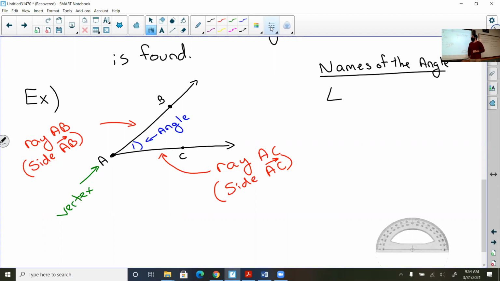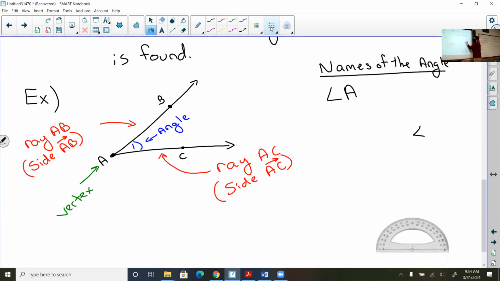This symbol here, it looks a lot like the angle that I just drew. It also looks like the less than symbol. It's going to be a slanted line, and then it becomes horizontal. So it really will look like an L that's just bent. So that is the symbol for an angle measurement, or rather just an angle, and I'm going to say angle A. So if I said angle A, I know that I'm talking about that angle.